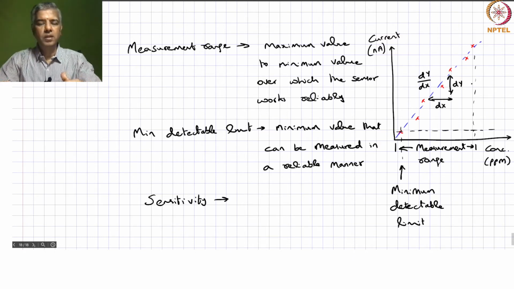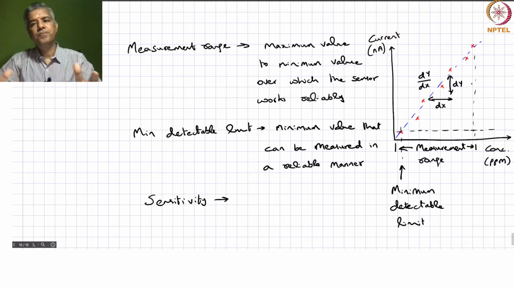So your typical ADC swings between say 0 to 1 volt, and then you'd fill the ADC very quickly. Okay, so then beyond that, your ADC is not able to read any value. So that in some cases corresponds to the maximum value of your measurement range.